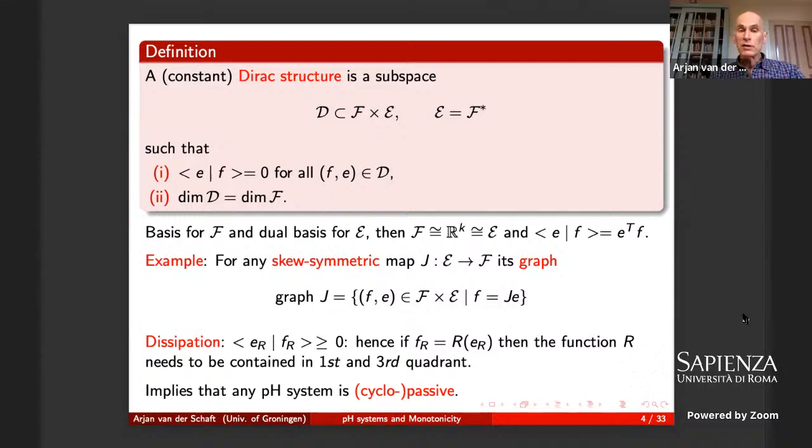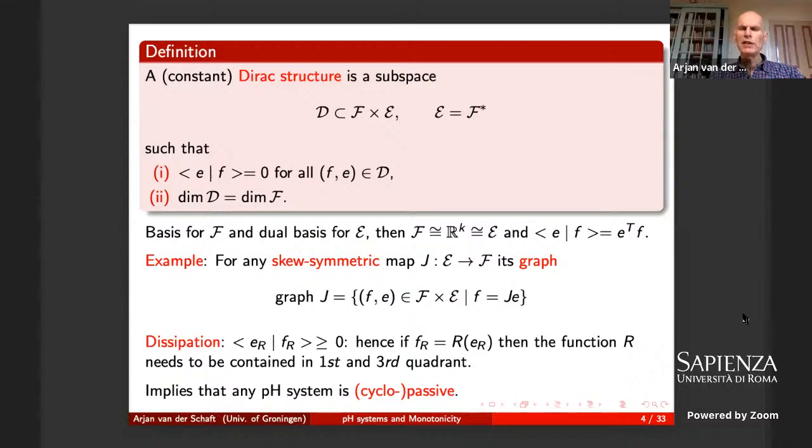A simple example of a Dirac structure is the graph of any skew symmetric map J, say from E to F or from F to E.